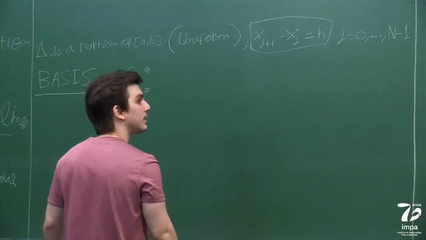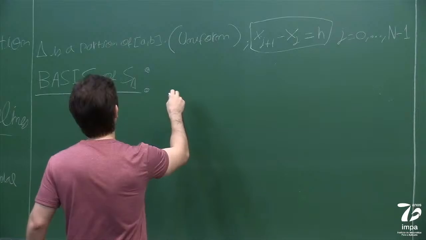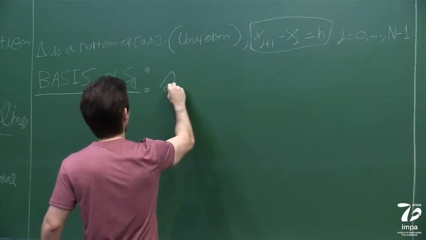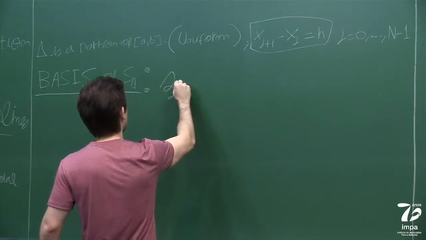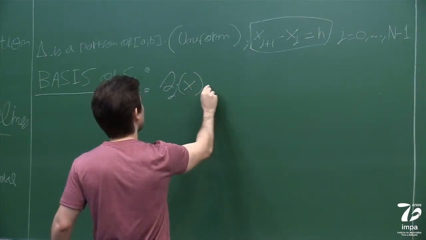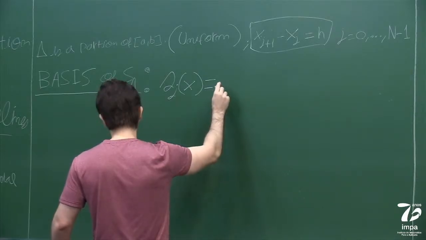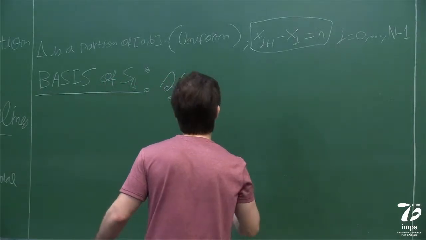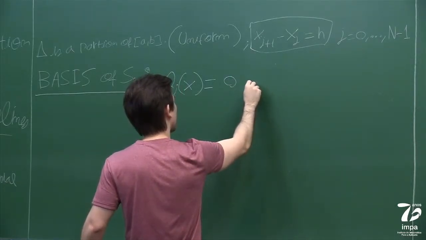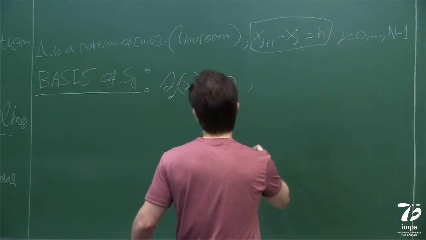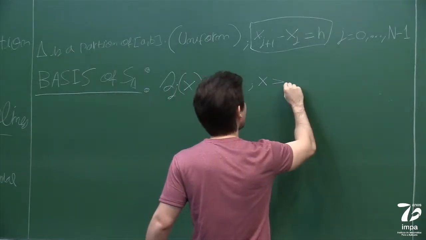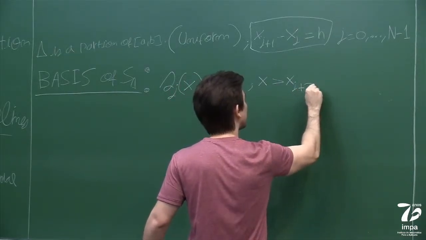So I will continue maybe here, okay. Basis of S delta. We take small s_j, a function of x, to be, now this is a little tricky, okay, so this is 0 when x is greater than xj plus 2.